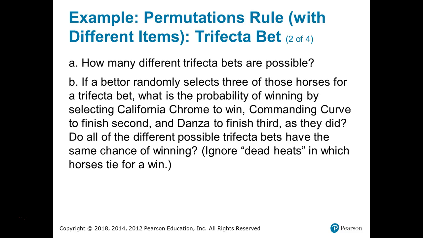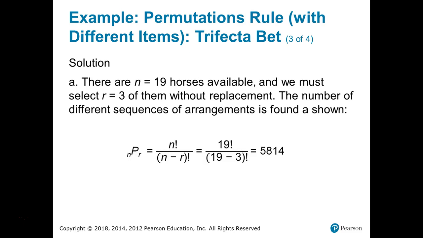Okay, so this is going to be a permutation or a combination one. And you have to ask yourself, does order matter? Yes, order matters, because if I get first, second, and third place correct, but I got third place, first place, second place, the same 3 horses in a different order, I'd be wrong. So it's a permutation.